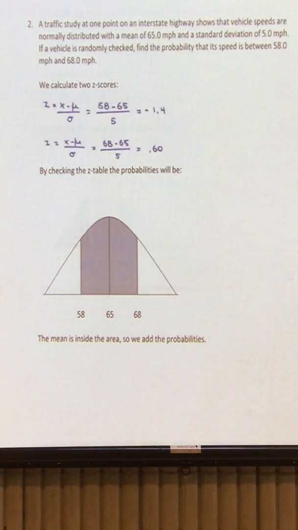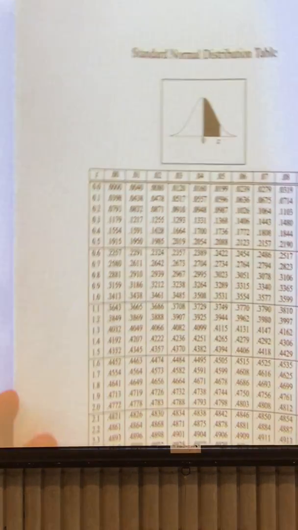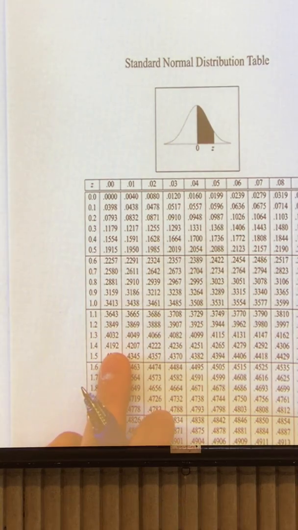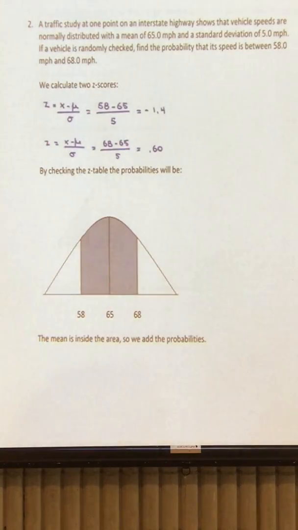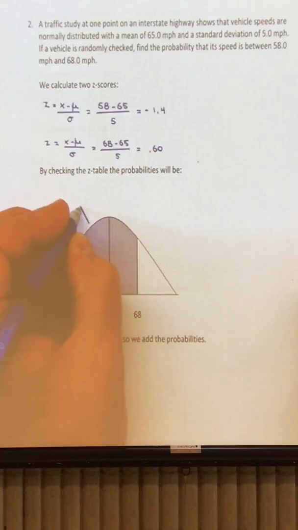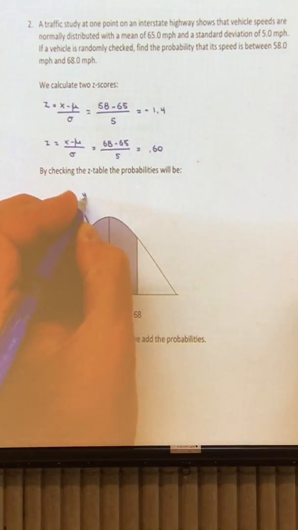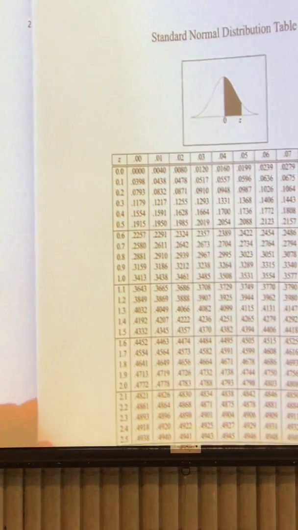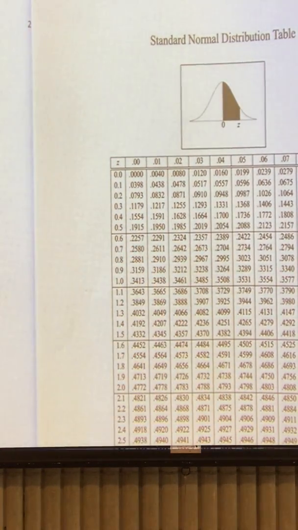The next step is to check these two z-scores in the probability chart. For negative 1.4, the probability is 0.4192. And for 0.6, it will be 0.2257.